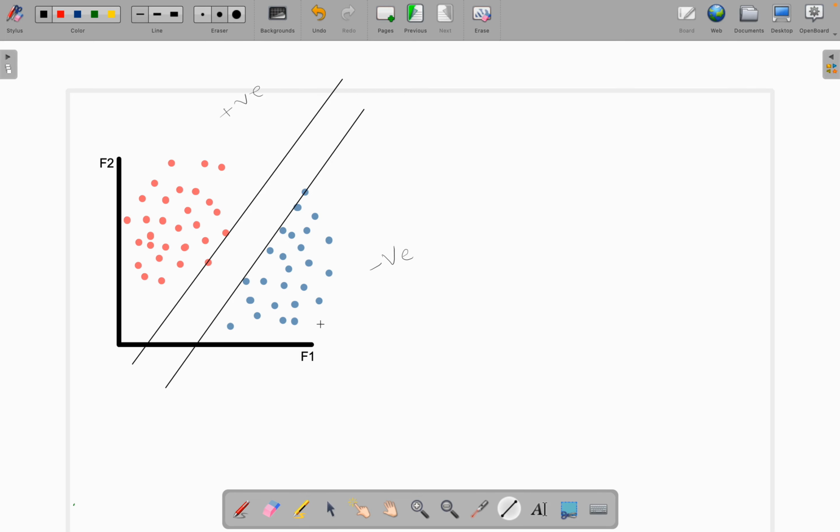My best line which can differentiate these two classes would be this one, which is at equal distance, as far as possible, from my first negative and my first positive point. Let's say this is my plane P.